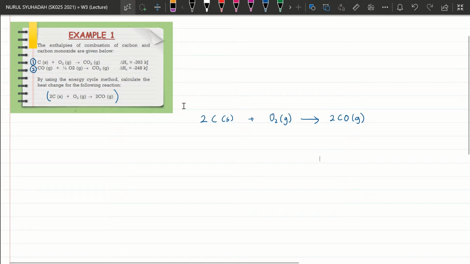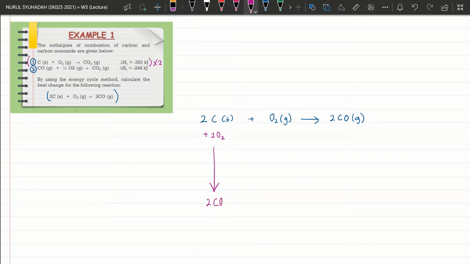Since the carbon is here and the number of carbon here is 2, what I need to do is multiply the whole of equation 1 by 2. So 2 carbon plus 2 oxygen, and then we produce 2 carbon dioxide gas.